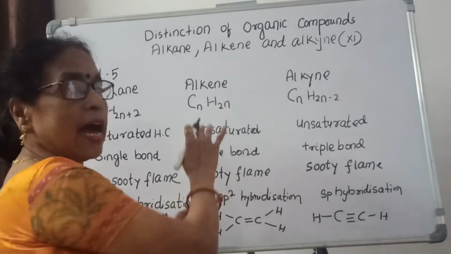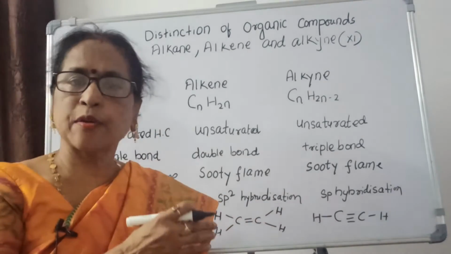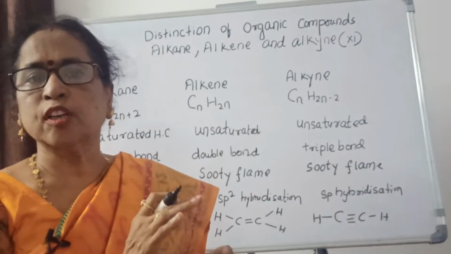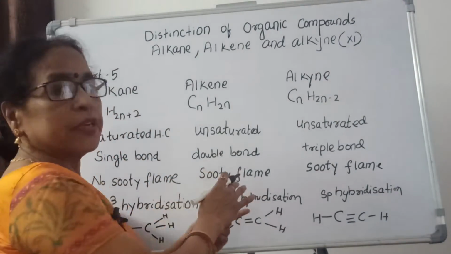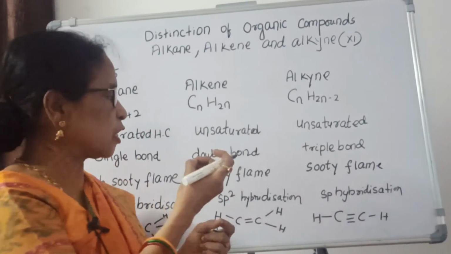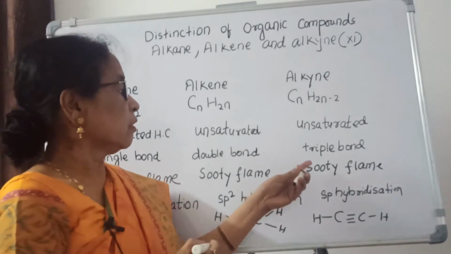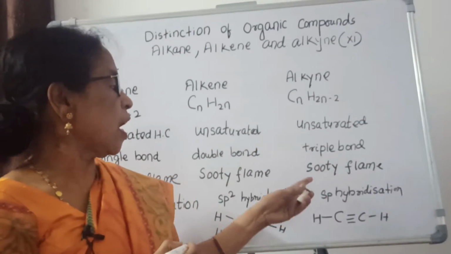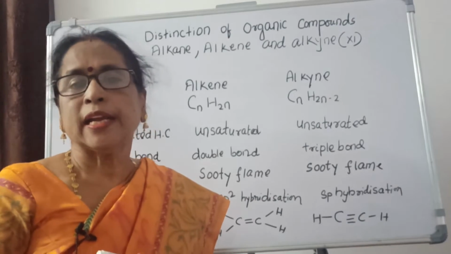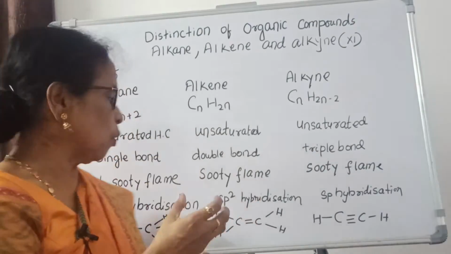But alkene contains a double bond and is an unsaturated hydrocarbon, so it does not burn completely and gives sooty flame, that means carbon particles with black smoke. Similarly, alkyne has a triple bond and is an unsaturated hydrocarbon, so it also gives sooty flame. Sooty flame means black smoke.